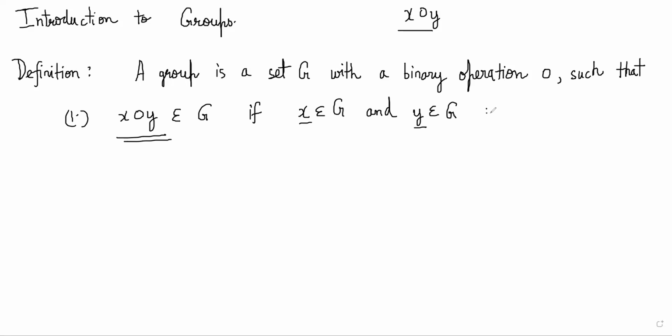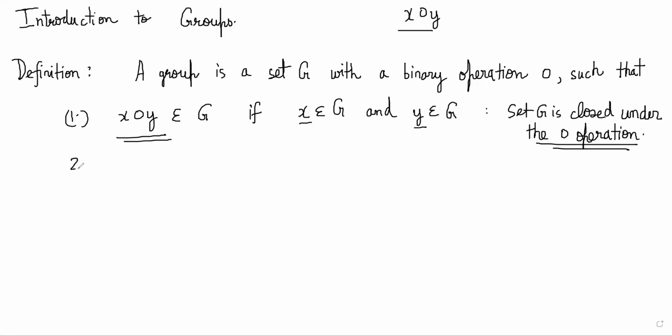So we say that the set G is closed under the dot operation. You cannot end up with an answer which goes outside the set G if you start off with two elements from set G and use that operator on them. So that is the first property.